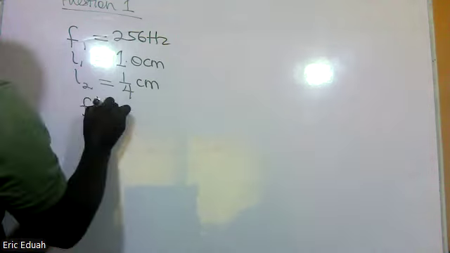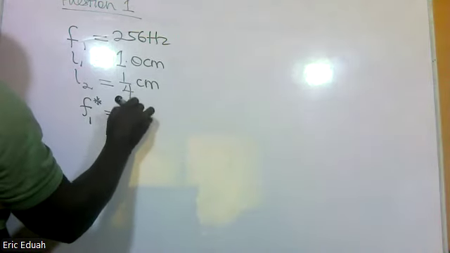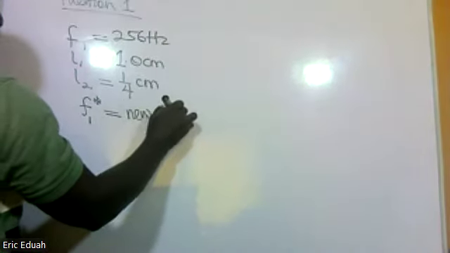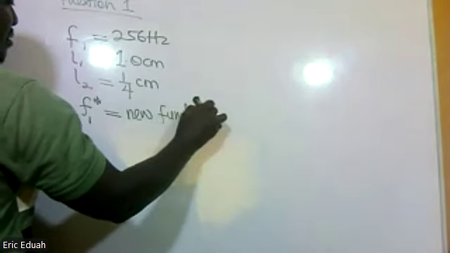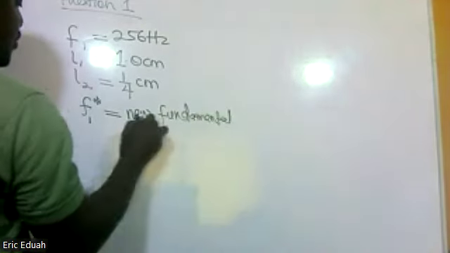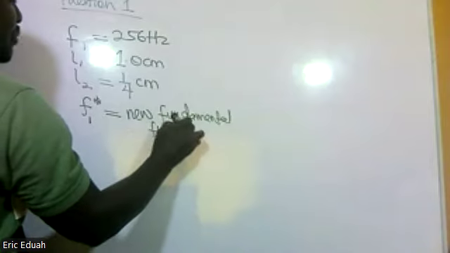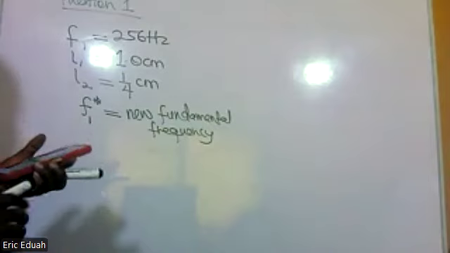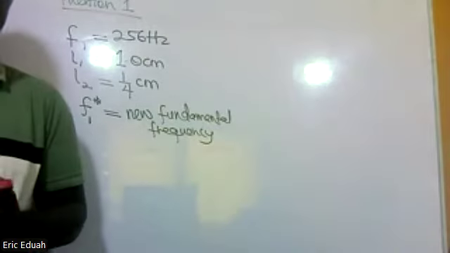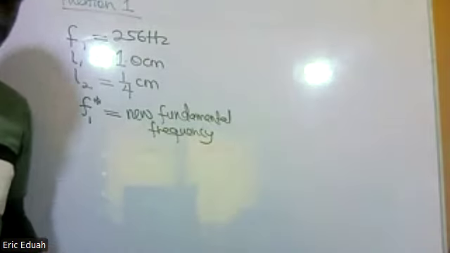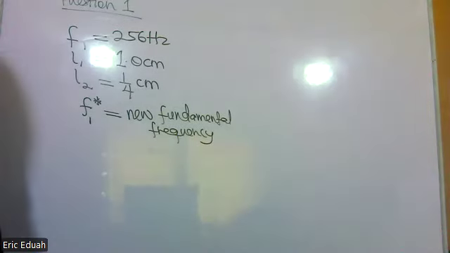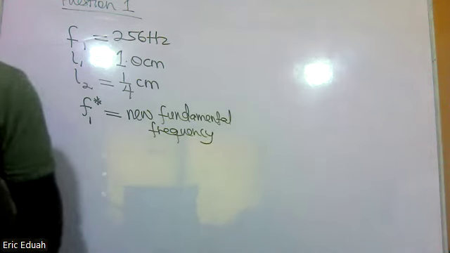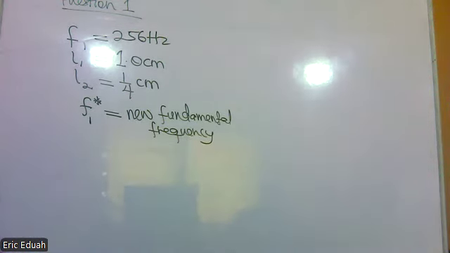So I'm letting this be the new fundamental frequency. Now I'm not writing F2 because F2 would mean that it is the second harmonic or loop, but it is still the first. The only difference is that we are changing the length of the string to see its effect on the frequency.